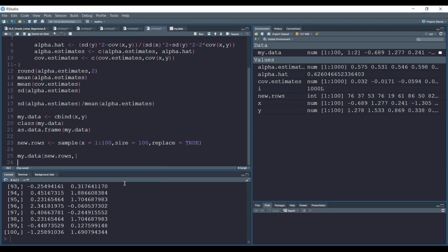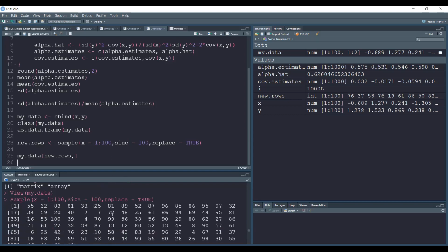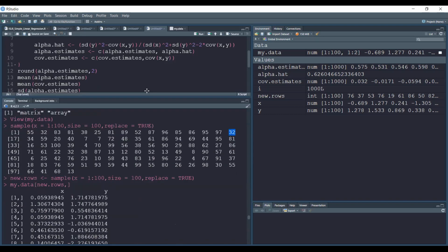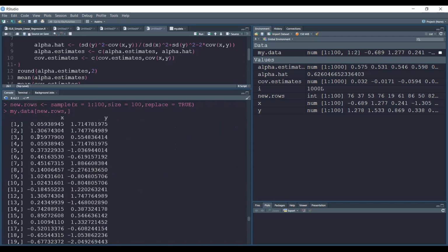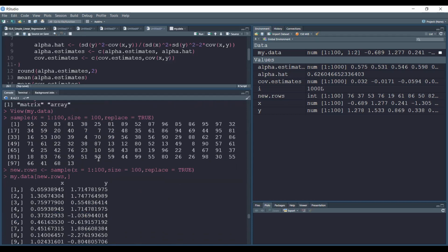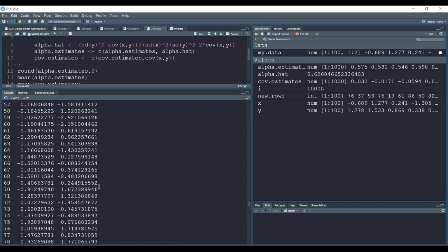Okay, and that seems to have worked. So didn't we earlier say that the second row is like the 16th row? Let's see, the second row is... Oh, but that hasn't worked, has it? The second row is this. And the 16th row is this. I wonder why this hasn't worked.